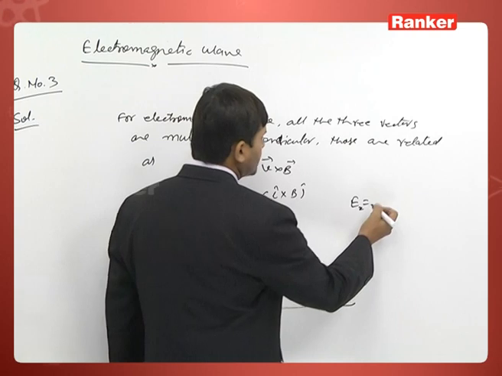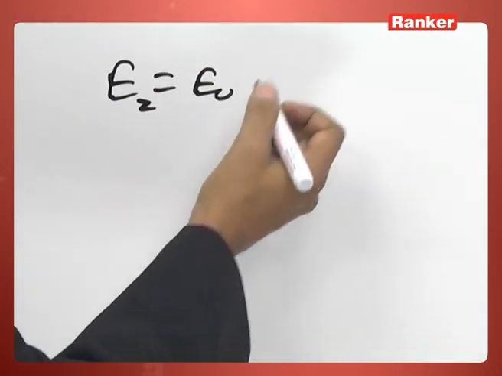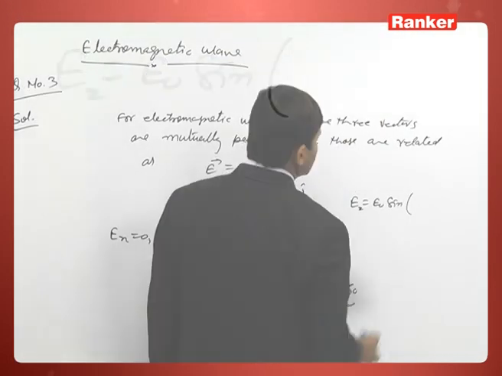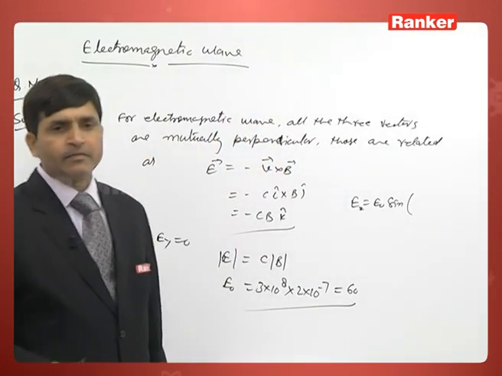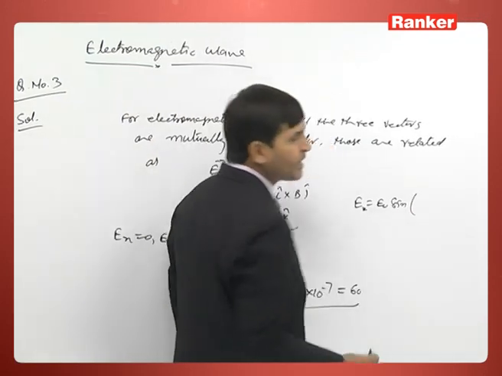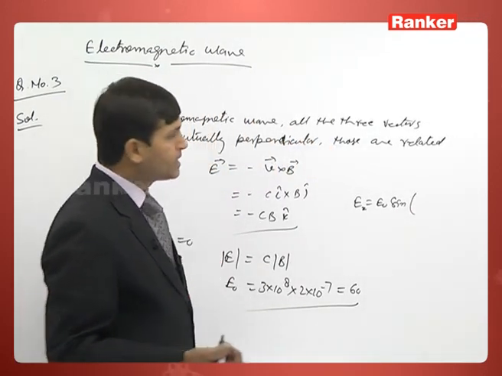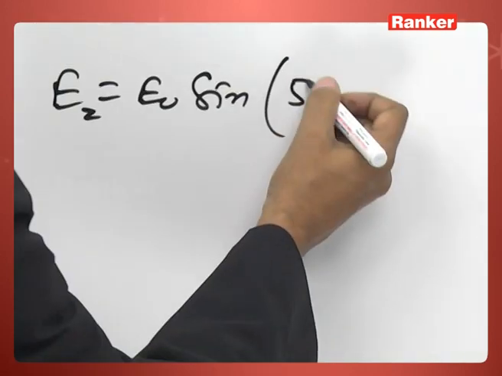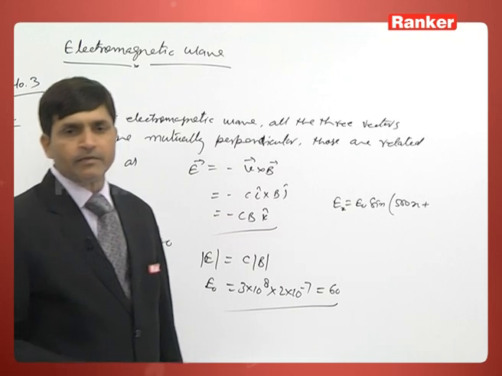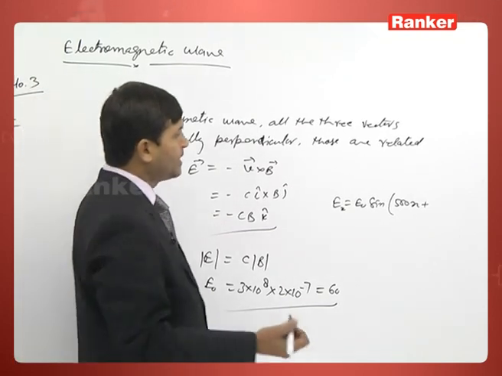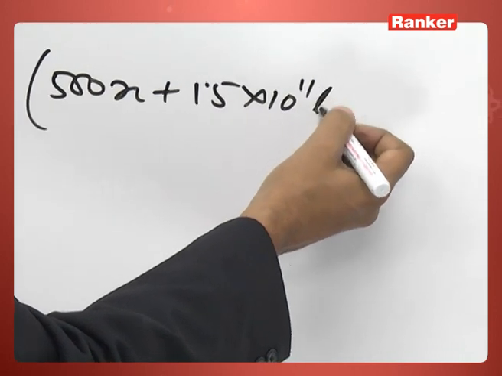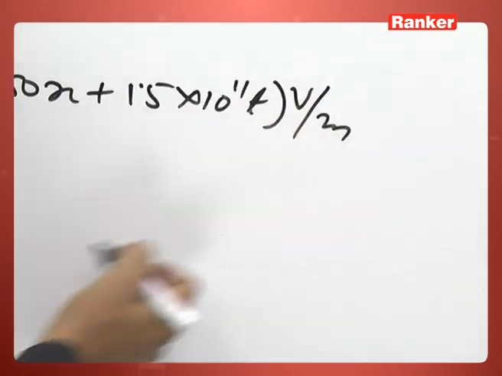Ez is equal to E naught, and now sine, as the same term we are using here, kx plus omega t. The k value here is given 500, the 500x plus omega value given 1.5 into 10 to the power 11 t volt per meter.